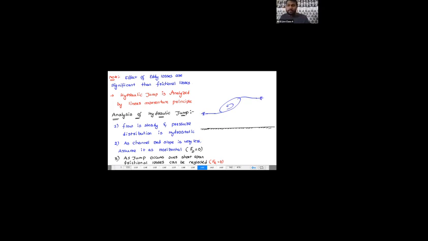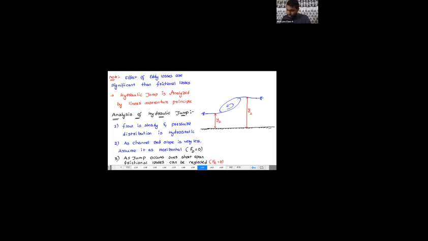Okay. Now you see, this is the pre-jump depth y1, and this is the post-jump depth y2. Here is the pre-jump depth y1, and here is the post-jump depth y2.